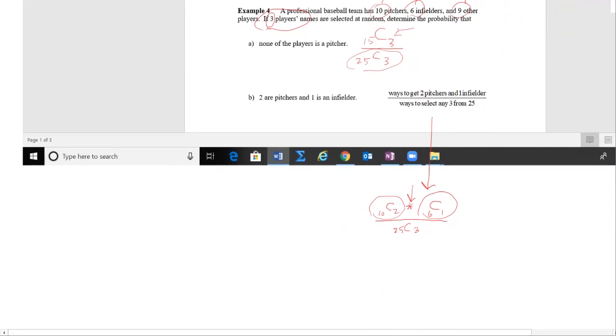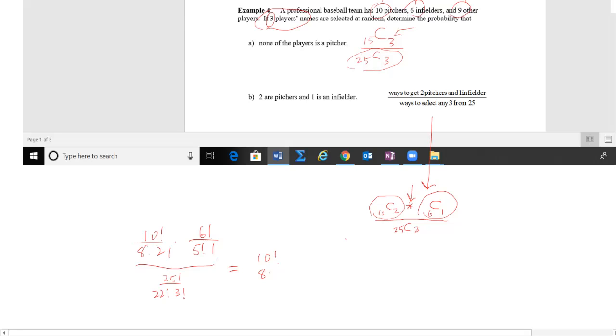I guess we could work that through. Let's see what we have here. I don't want to make this too long, but it's 10 factorial over 8 factorial 2 factorial, 6 factorial over 5 factorial 1 factorial, and down here we've got 25 factorial over 22 factorial 3 factorial.